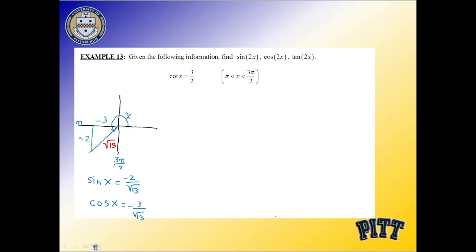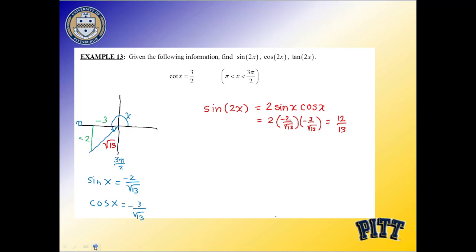Now I can use the identities. The sine of 2x is 2 times the sine of x times the cosine of x. And if I substitute, notice I'm substituting for the entire trig function. X is not -2 over the square root of 13; it's the sine of x that is -2 over the square root of 13.